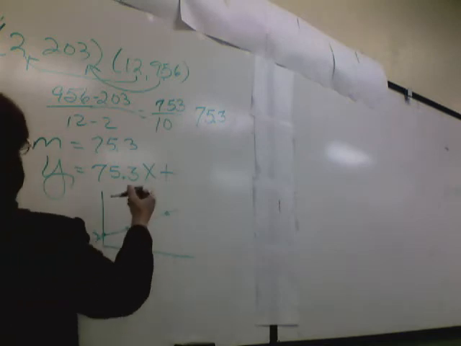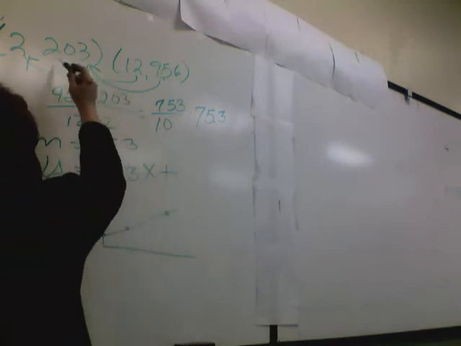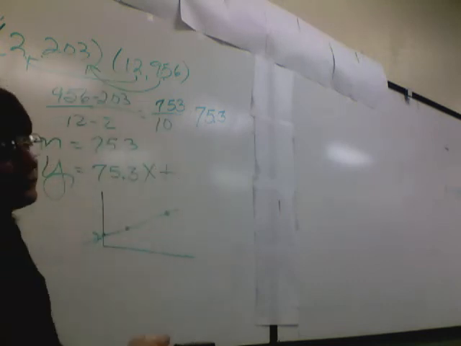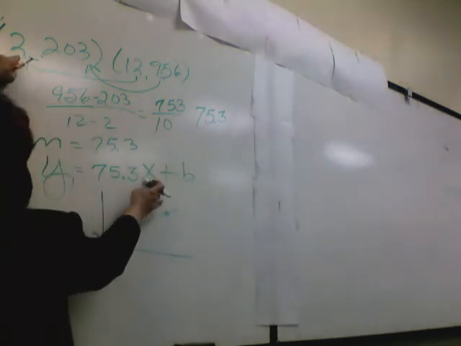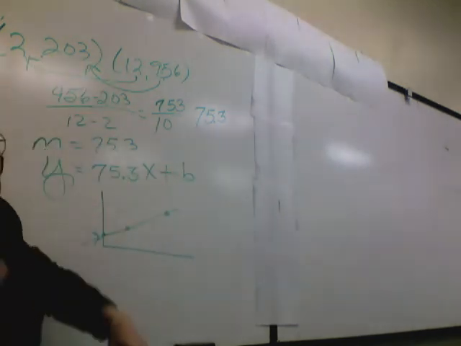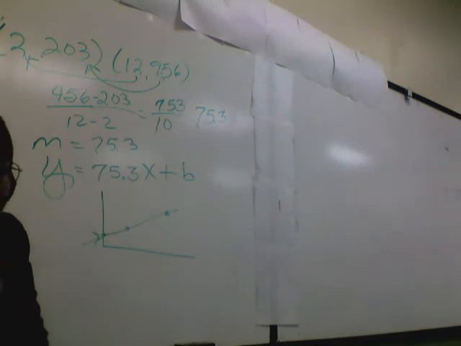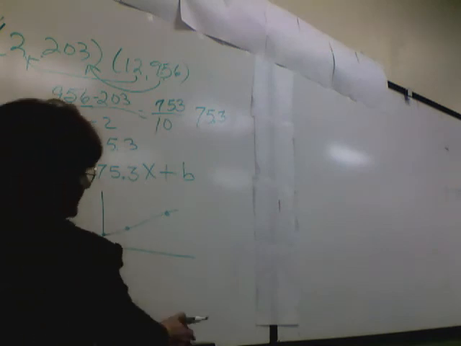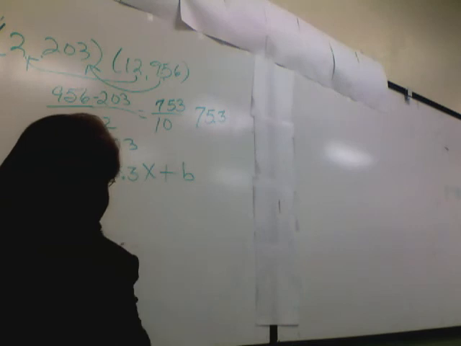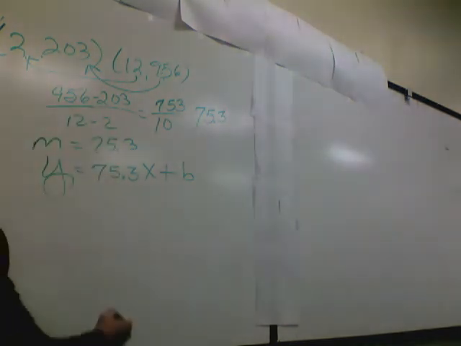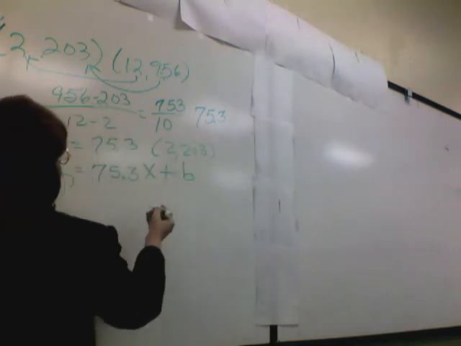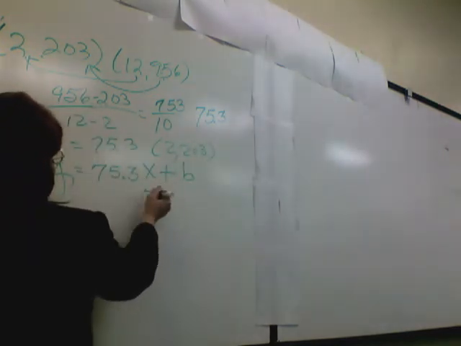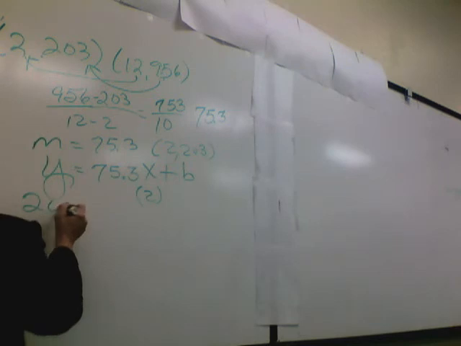So Ray put one of these points in here. Y equals mx plus b. You put the x as 2 and the y is 203. And after he solved it, he didn't even have to do it by looking at this. So if he put the 2 and 203 in there, the 2 is your x, 203 is your y.